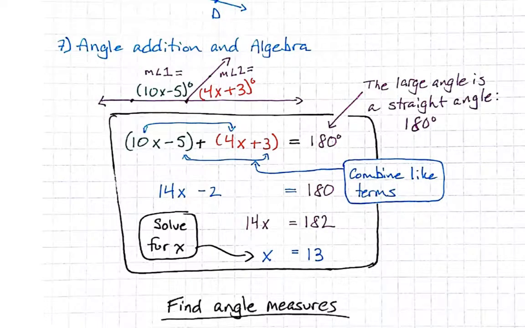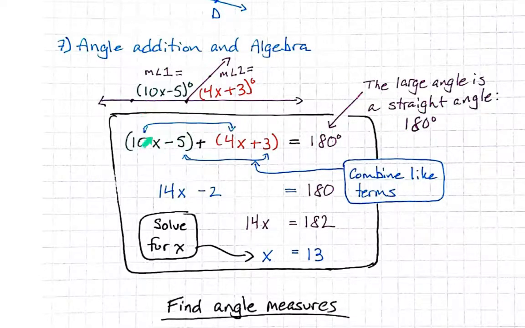Alrighty. We also have angle addition with algebra. We did this with segment addition, and we're going to see this pop up again with angle addition. So I might have a large angle here, and I have two smaller angles, and their measures aren't numbers, but they're represented with expressions. I know this large angle here is a straight angle. It's 180 degrees.